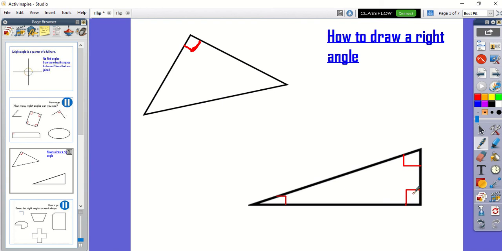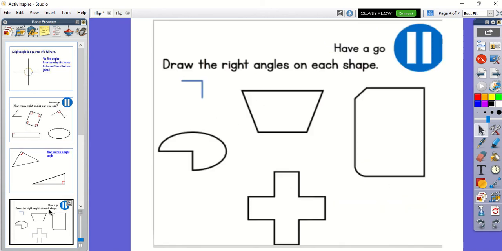So that is a right angle. Okay? So those are not. But that one is. So these two shapes both have one right angle. So, can we find any right angles on these shapes? Okay? Let's have a look, have a go.